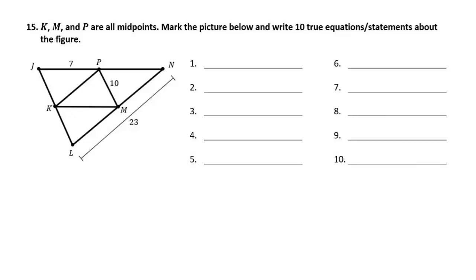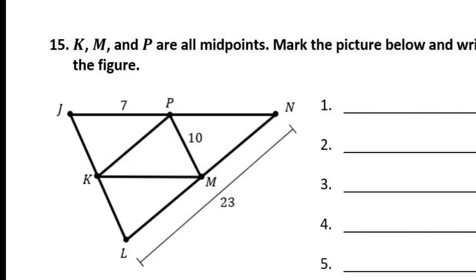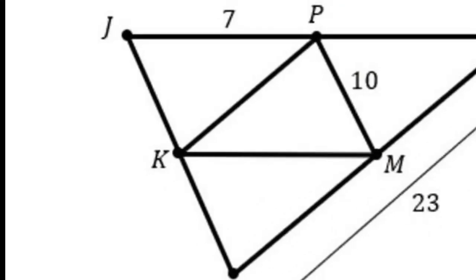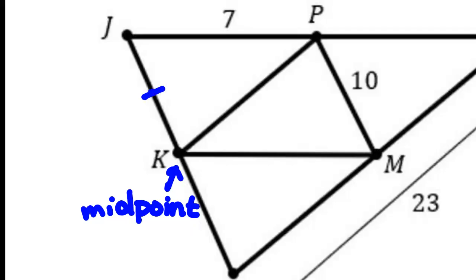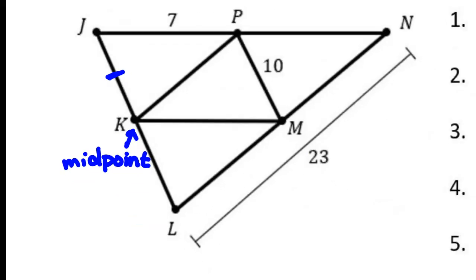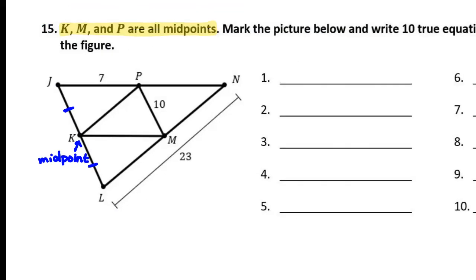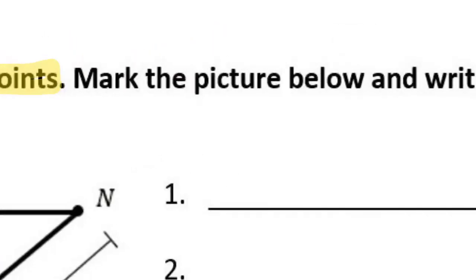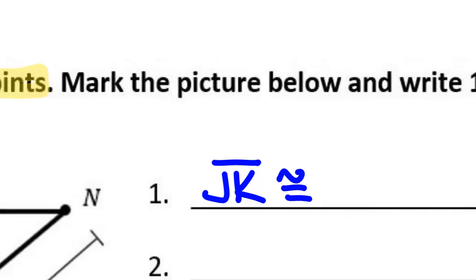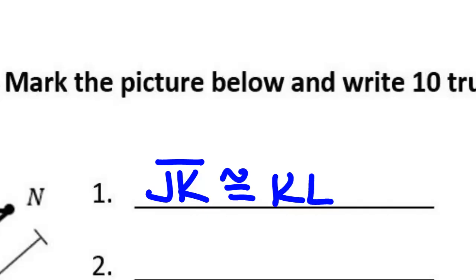It says that K, M, and P are all midpoints. So K is a midpoint, which means JK and KL are congruent. That's something that I could write down. Segment JK is congruent to segment KL.